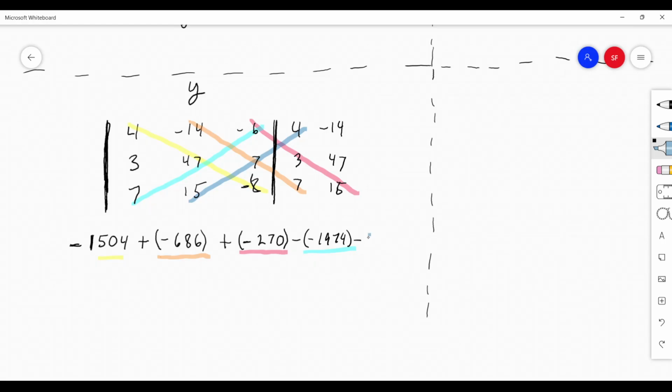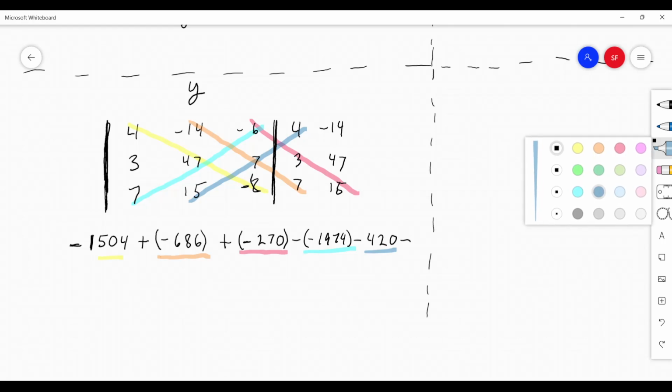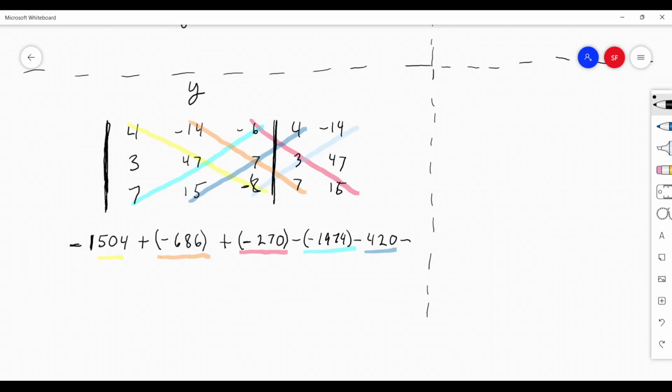Is the next one the one I think it is? It's going to be 420, isn't it? It's 420. What happened in 1974? Next one is 336. Isn't that right?